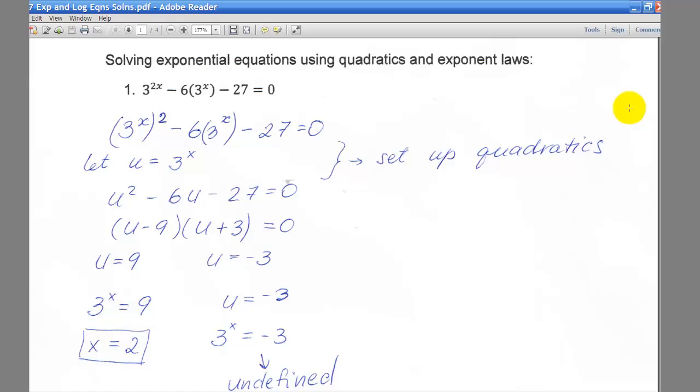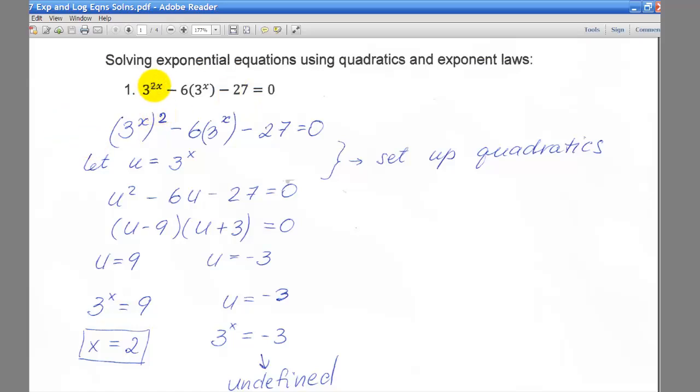In the previous example, we were looking at the simpler exponential equation. Now we're going to bring in quadratics. If you look at this equation right here, you'll see that there is something similar. See, 3 here, and 27 can also have base 3, right?